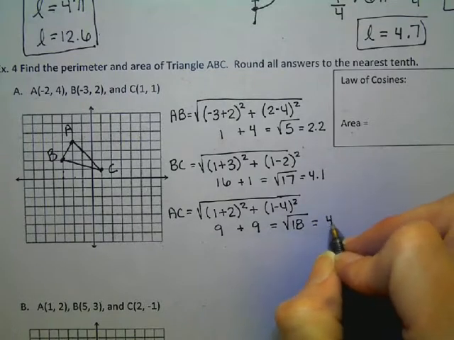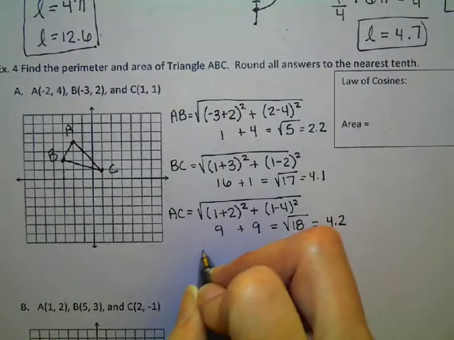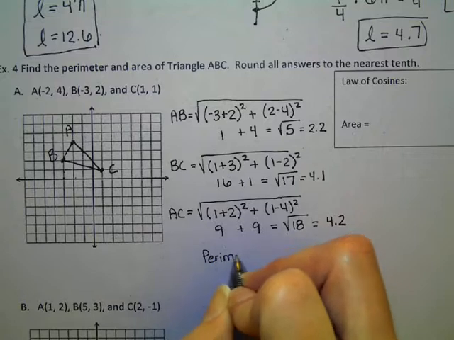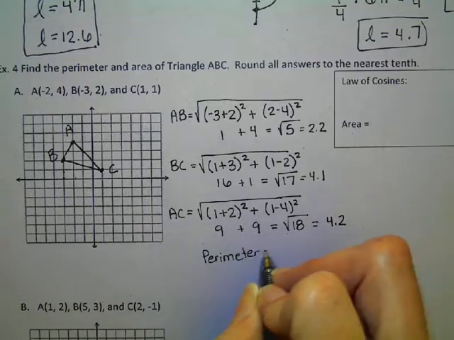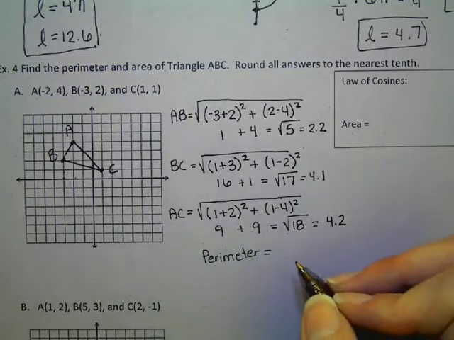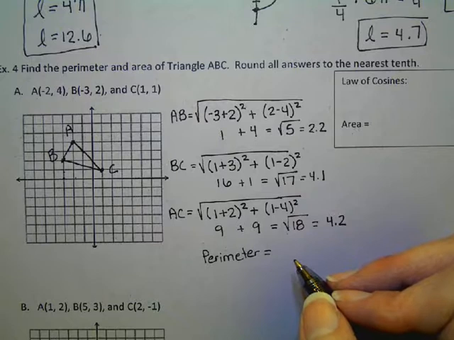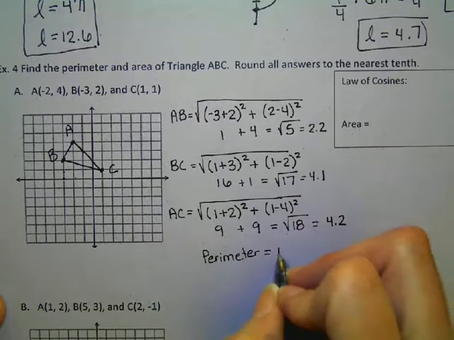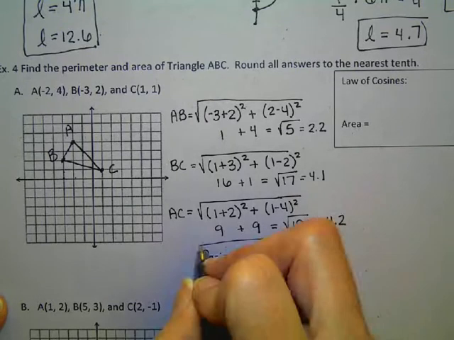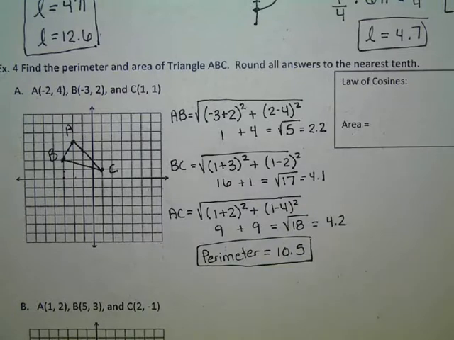So square root of 18 is 4.2. So my perimeter is, you add them all up. 2.2 plus 4.1 plus 4.2 equals 10.5 is our perimeter.